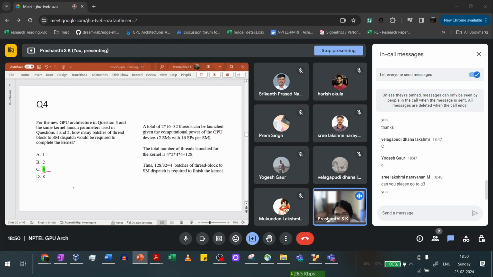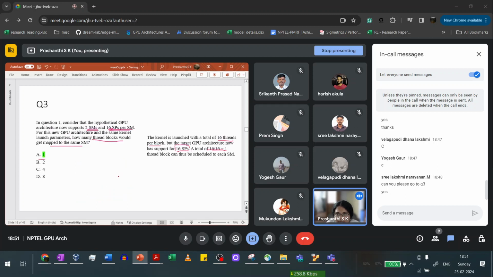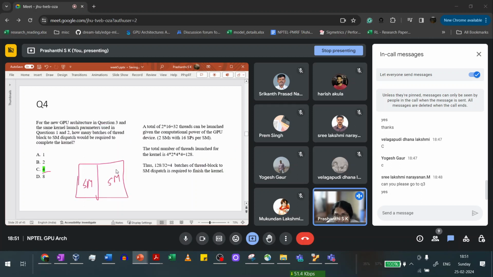So let's go back to our drawing again. Now you just have 2 SMs, and in question 3 we already discussed that we would be able to map one block per SM. This question also says that the launch configuration remains the same. So you would map two blocks at a time in one batch.